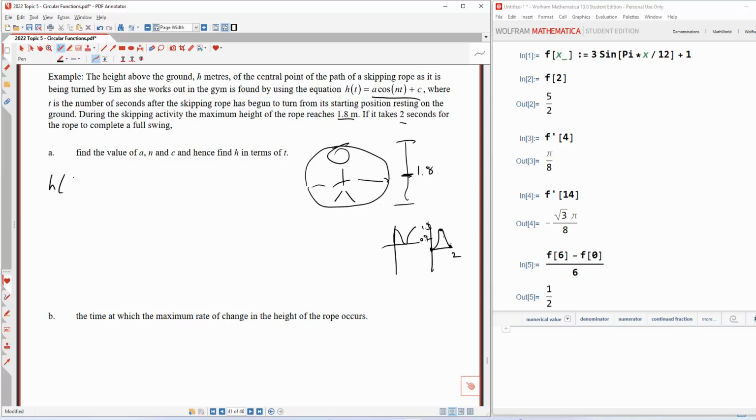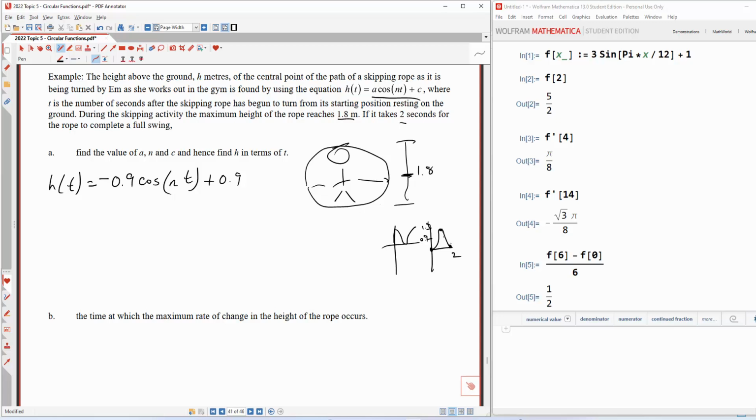So it's going to be h of t equals, so the amplitude is going to be 0.9 because it's 0.9 to 1.8, and it has to be negative to invert the cosine. So it's negative 0.9 cosine, I don't know my n value at the moment, I'm just going to leave that, plus 0.9, so it gets elevated up to 0.9.